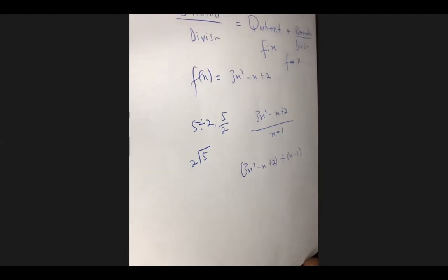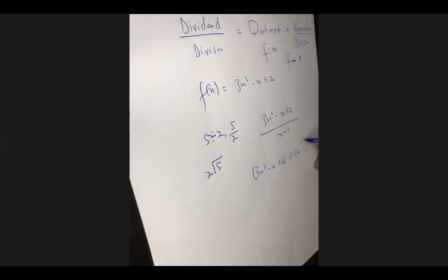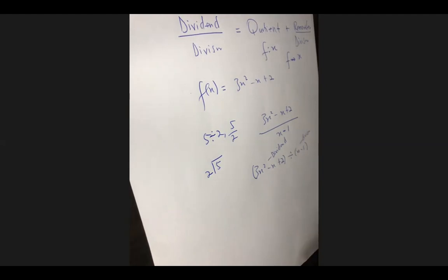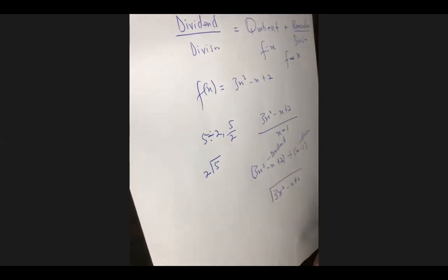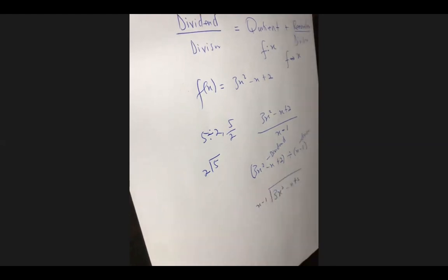So now let's see, this is the divisor, that is the dividend. So I have 3x squared minus x plus 2 inside the long division sign. Now outside, I have x minus 1. Very, very simple.